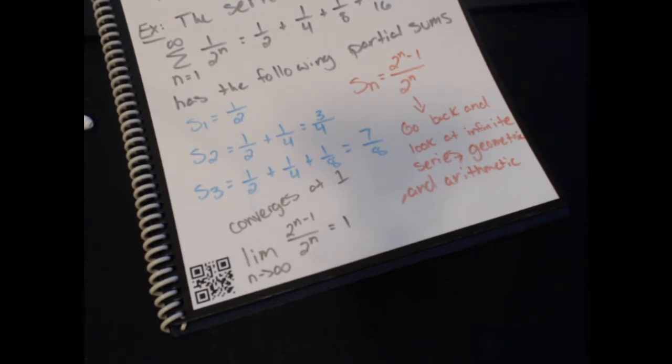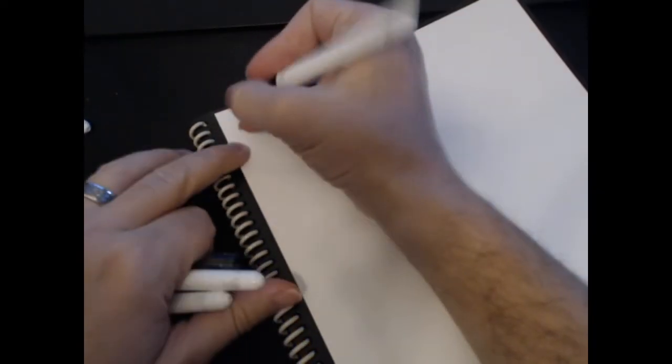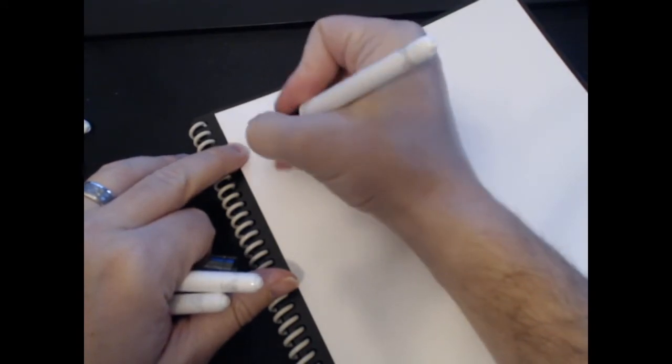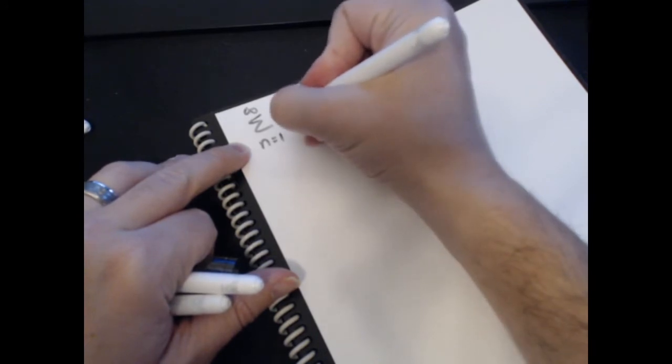No. Wait, because Mackenzie, think about this. If I ask the same question but I say I want to know from n equals 1 to infinity of 1 over n.